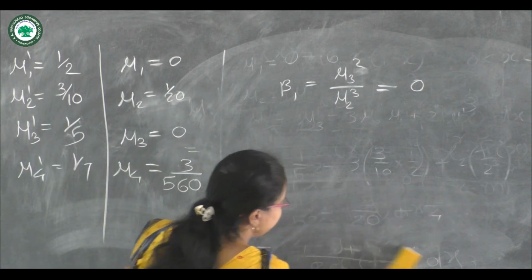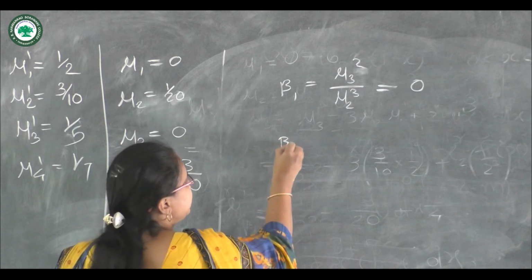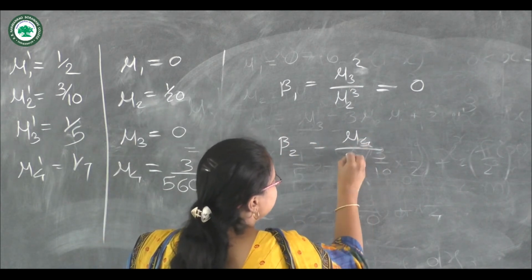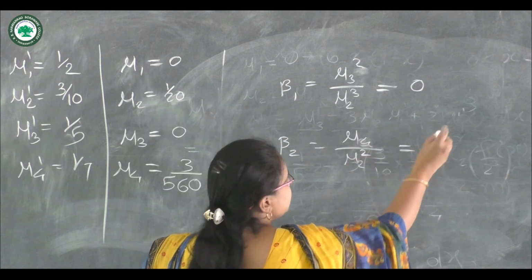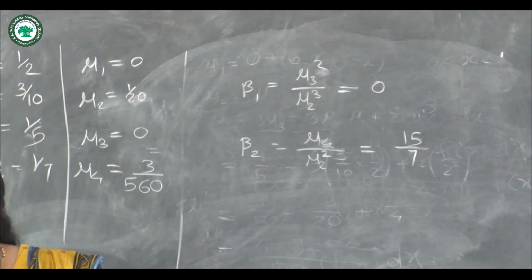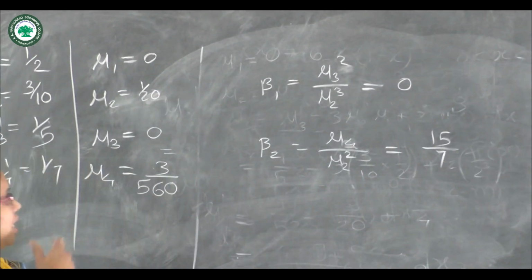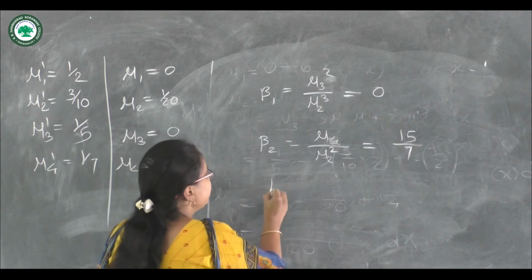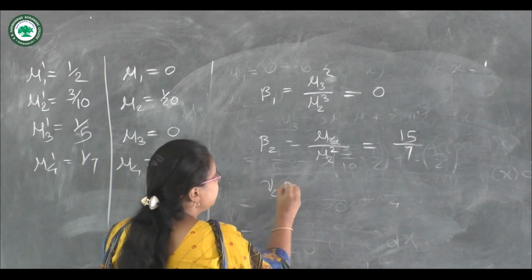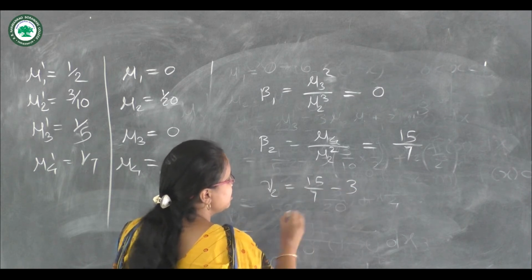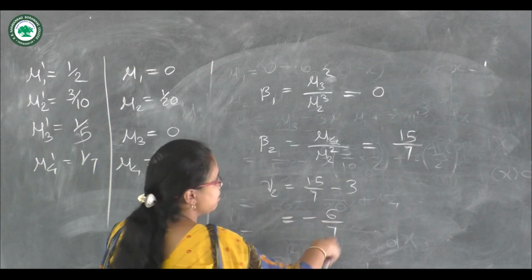Let's find out the other coefficient, beta 2. It is mu 4 upon mu 2 square. So it is coming out to be 15 upon 7. You can check by yourself by substituting these values. So gamma 2 will be 15 upon 7 minus 3, we will get minus 6 upon 7.